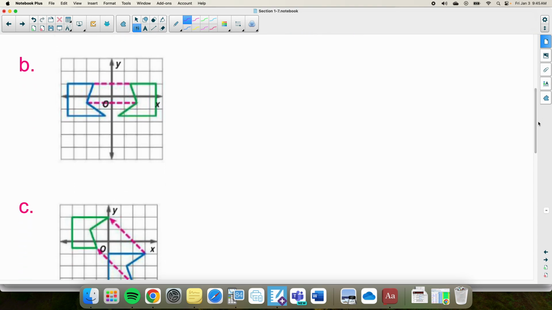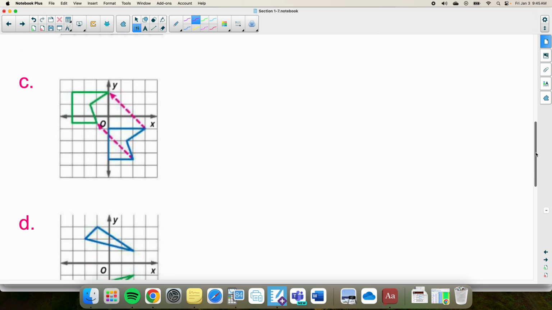What do you think about this one? Reflection. It was reflected over the y-axis. Very good. Then for C. Rotation? Oh wait, no. What's the other one? Translation. Yes, it was just taken and slid diagonally.